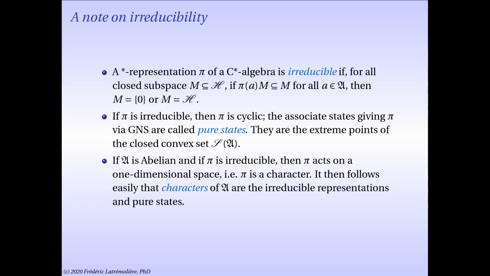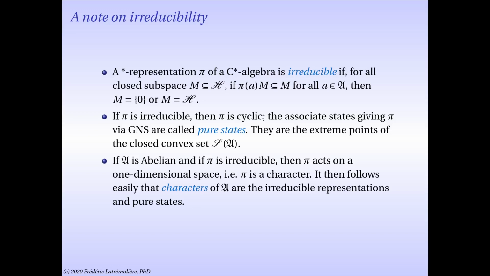So any vector that is non-zero in your Hilbert space is cyclic for an irreducible representation. And so you could ask, well, are the states associated to these cyclic vectors for irreducible representations special? And yes, they are called pure states, and very interestingly, they are the extreme points of the state space. So there are some interesting topological connections going on there. If you look at what an irreducible representation of an abelian C-star algebra is, you will actually prove that they are the characters.